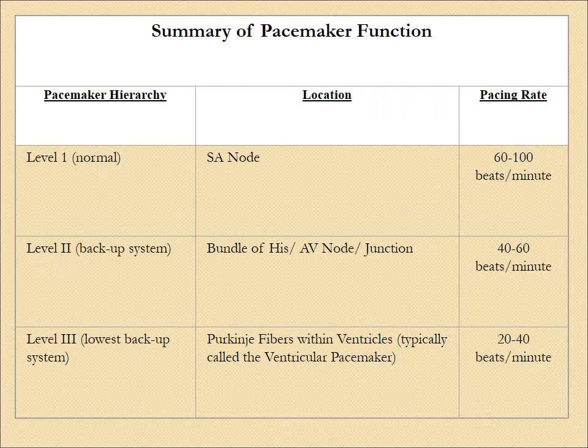And if this part of the heart is injured or compromised, then the Purkinje fibers would come in. So we can sometimes see by how slow the heart rate is where the damage has occurred on the pacemakers. But we certainly are lucky that we have 3 different levels and 2 backups for us.